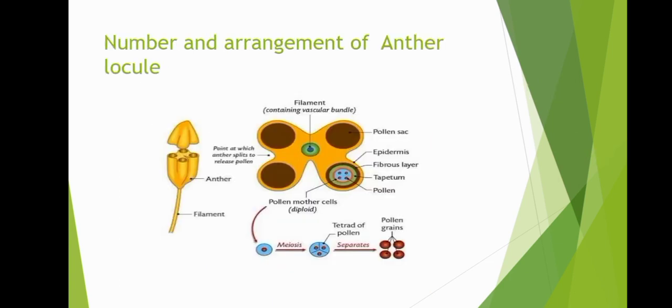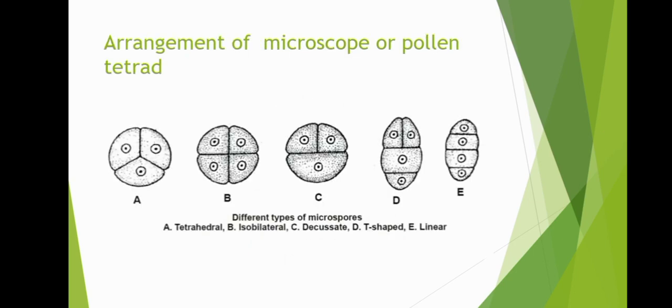The anther locule may differ in number, size and shape. Depending on the anther, it may be classified. Arrangement of microspore or pollen tetrad. Different types of microspore arrangements are seen: tetrahedral, isobilateral, decussate, T-shaped and linear, etc.